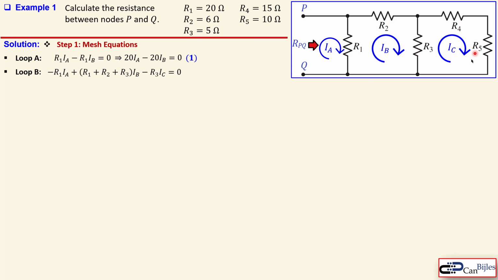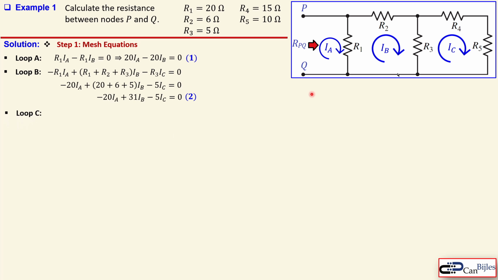And we also see that IC is also fighting back, so it's in the opposite direction of IB. That's why we have minus R3 times IC. Again, everything added to 0. Now let's also substitute the values. For R1, R2 and R3 we have this, and that will be reduced to this equation. Again, we don't simplify this at all, and we keep it as equation number 2.